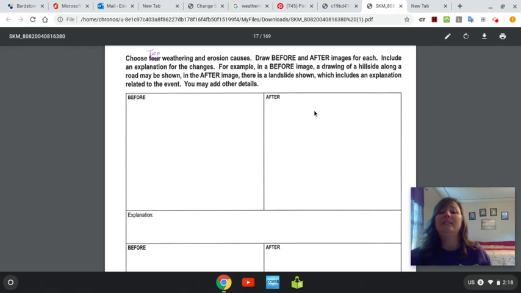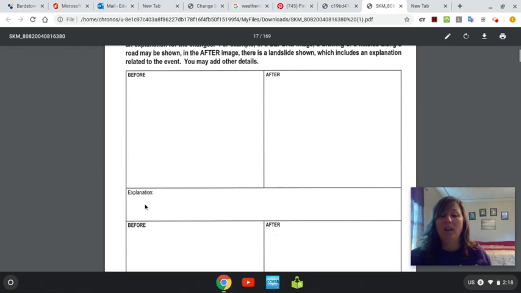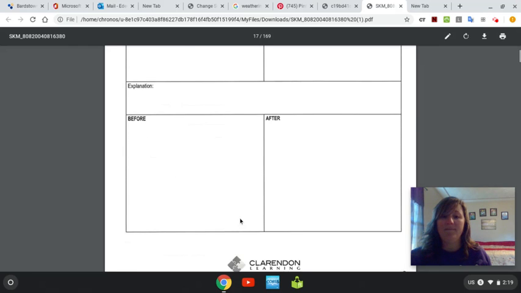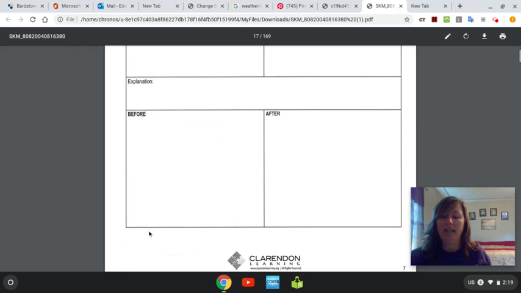So what would take place before and after would be lots and lots of years. So think about that. Remember, we're talking about slow change. And then you're going to give us an explanation on what happened in your picture. Okay, so you're going to draw it and then explain it. Down here, it doesn't have one, but I want you to draw the explanation for your second one down here.